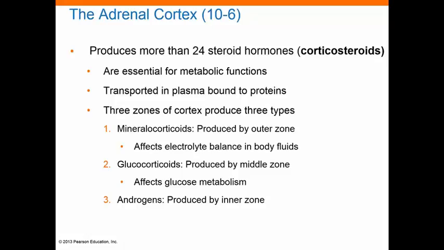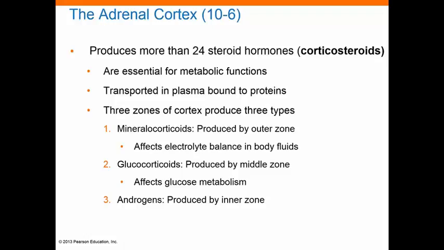These are secreted in response to adrenocorticotropic hormone, and they increase rates of glycolysis and glycogenesis, resulting in an increase in blood glucose levels. They can also act as anti-inflammatories.